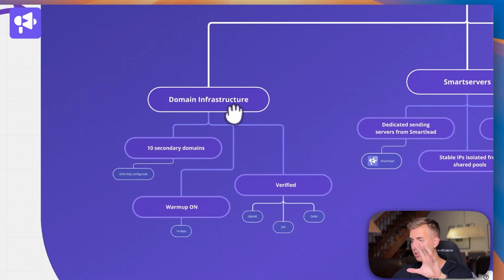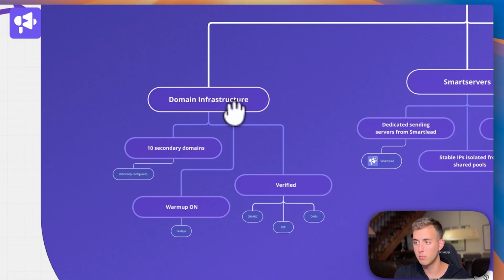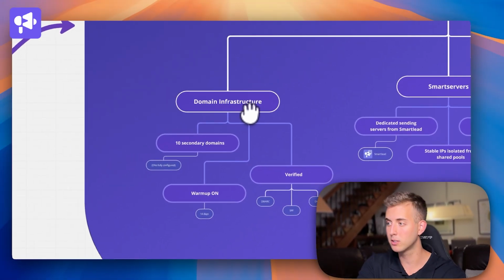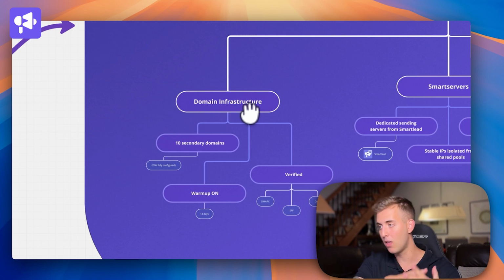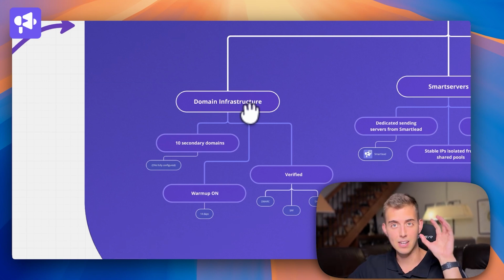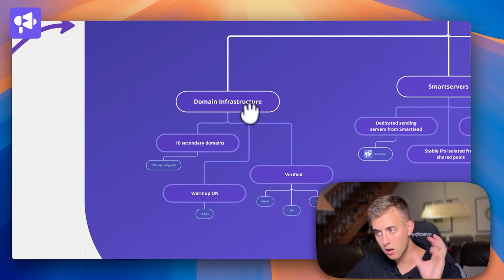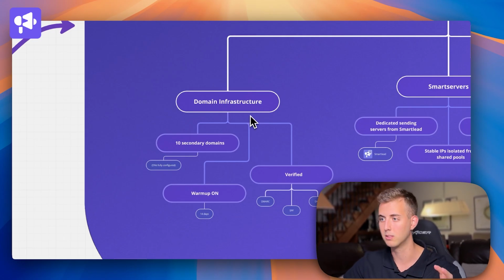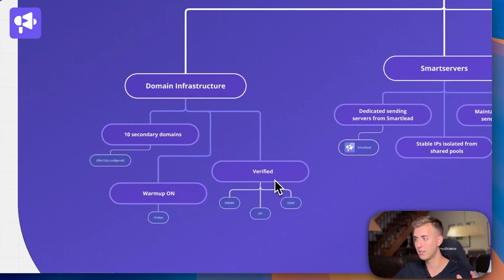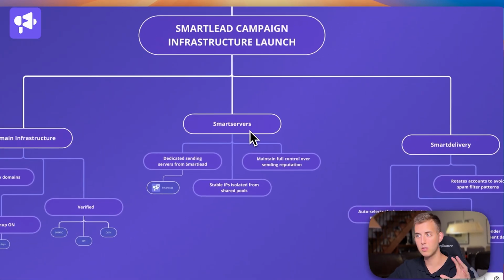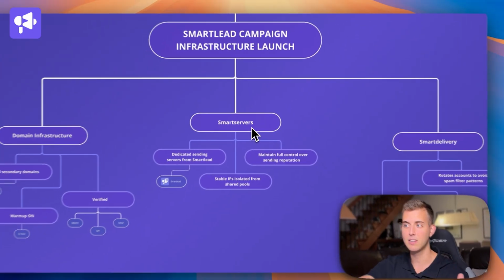Then this is what I was talking about, secondary domains. 10 secondary domains allow you to have 20 mailboxes, and with 20 mailboxes you can send 400 emails per day. And if your copy is personalized, and of course your list is a really good list, that is enough to have good results with cold email. Super important, once you buy secondary domains, is to set up the DMARC, SPF, and DKIM records. And of course, we always use the smart servers inside Smartlead.